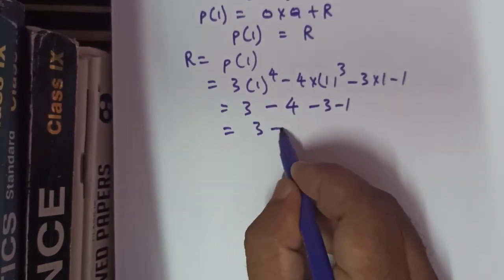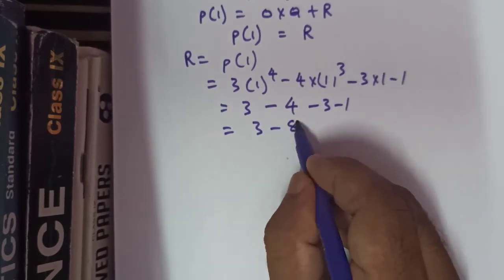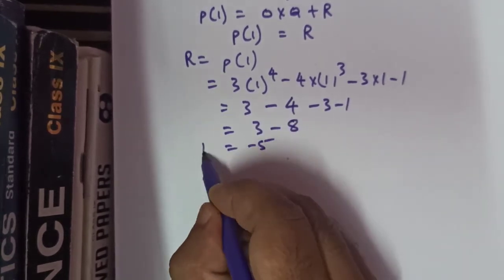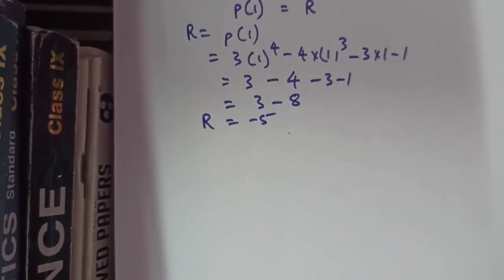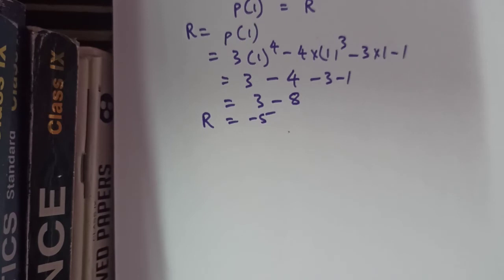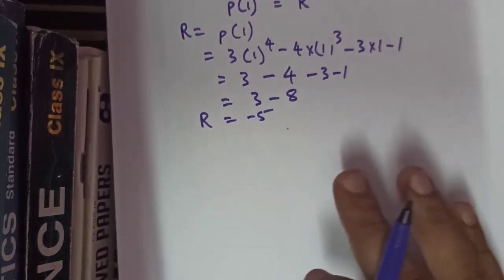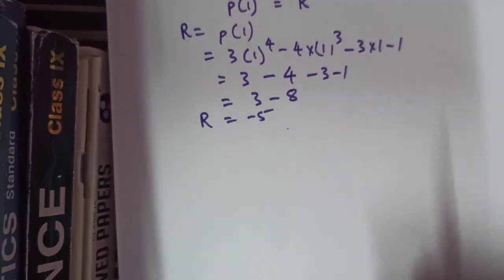That is 3 minus 8, which equals minus 5. So by all three methods we are getting the remainder equal to minus 5 only.